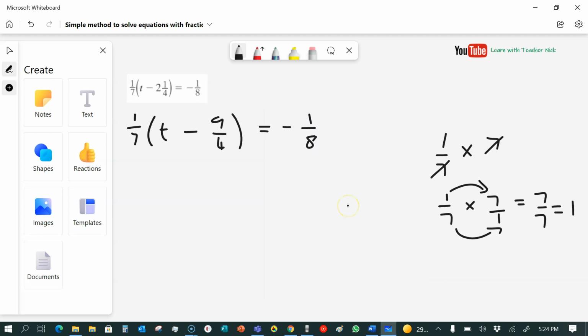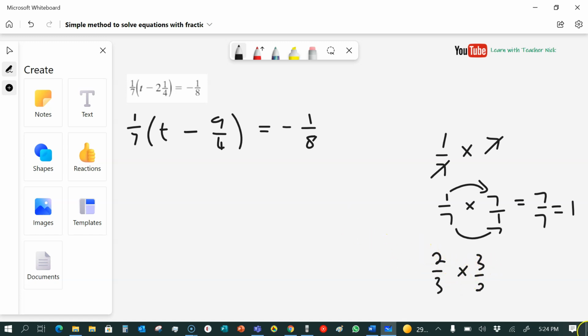Same thing applies if you have a fraction like 2 over 3. To remove this fraction, to make it disappear, you multiply all the terms by 3 over 2. You see what I did? I flipped the fraction around. So I multiply everything by 3 over 2. How does that happen?